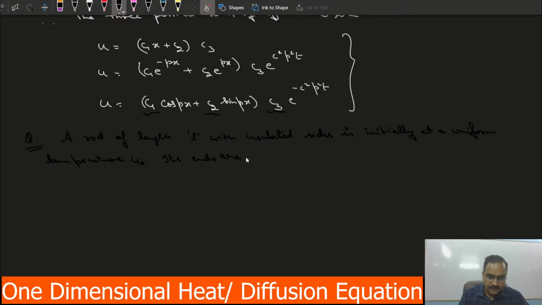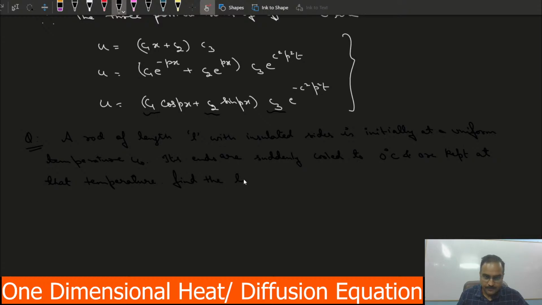Its ends are suddenly cooled to 0 degrees Celsius and are kept at that temperature. Okay, so what we need to do is find the temperature function.